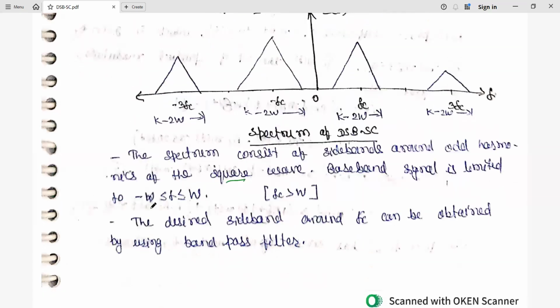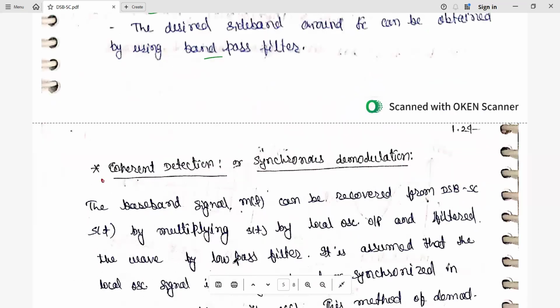The baseband signal is limited between -W to +W, and the carrier frequency should be greater than W. The remaining desired sideband, whatever we want to obtain around the carrier frequency fc, can be obtained with the help of bandpass filters. So a particular frequency will be passed.